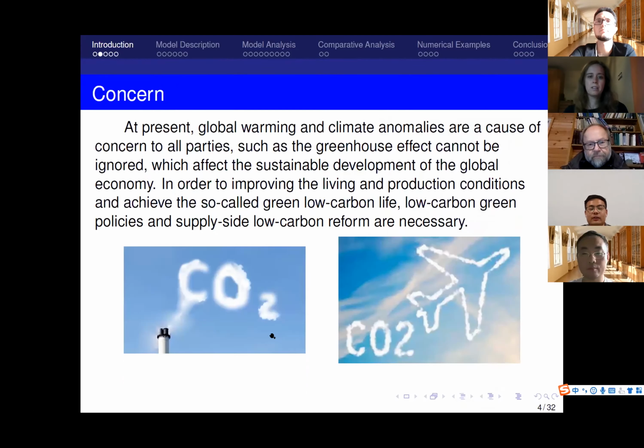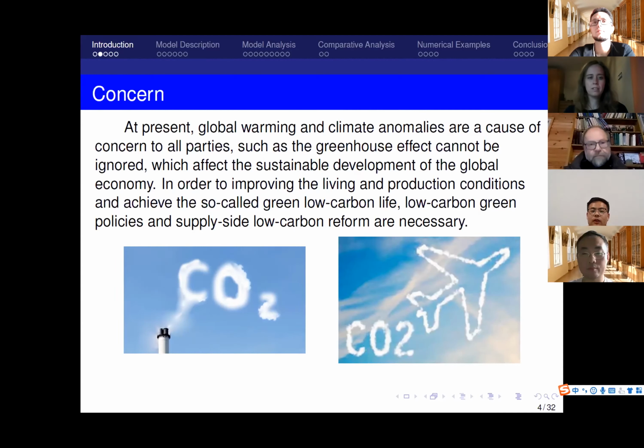At present, global warming and climate emergencies are a cause of a lot of concern to all parties, such as the greenhouse effect, which cannot be ignored and affects the sustainable development of the global economy.